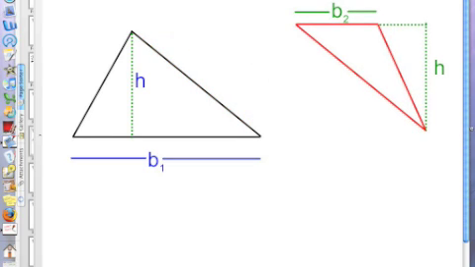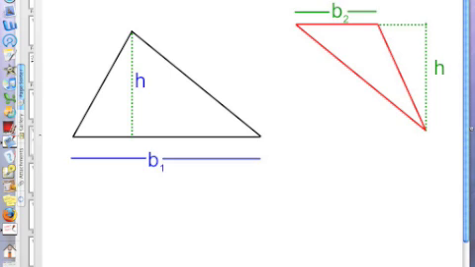Remember also the first day we started chapter 11, we said if you have some crazy looking shapes, you can find individually the areas of individual shapes and then add it all together to get the total, correct?